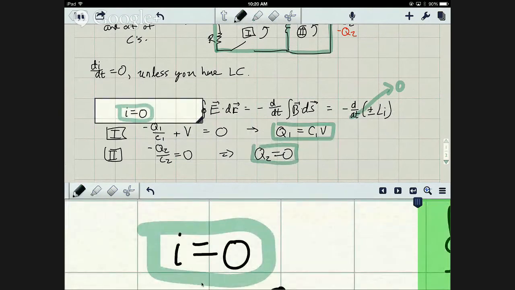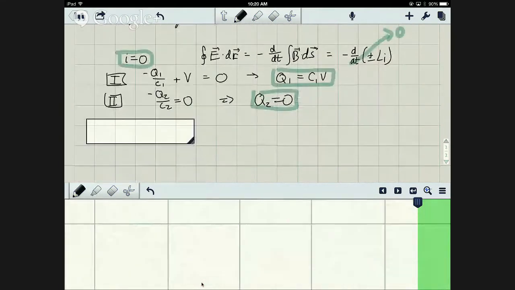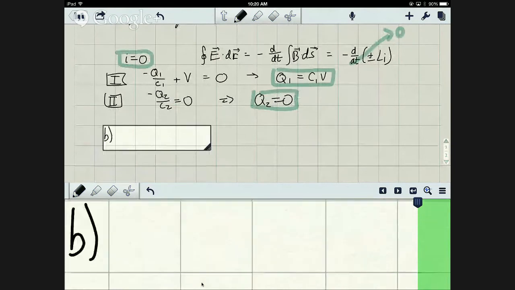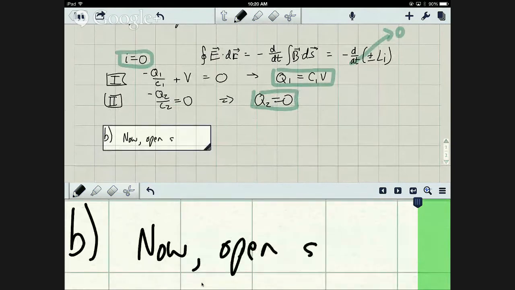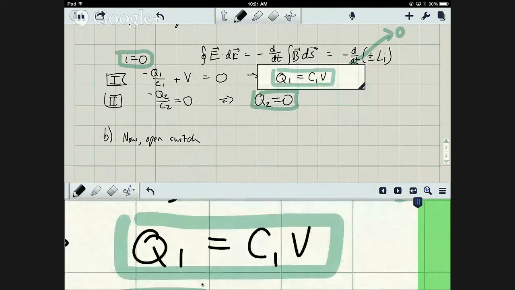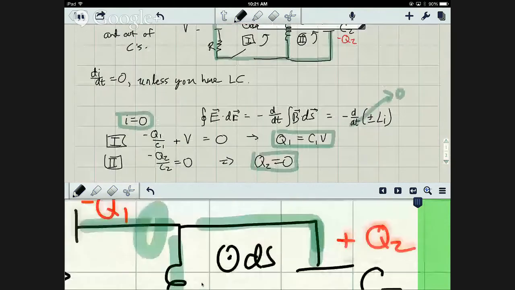Alrighty, and part B of this problem says, let's say the switch is opened again. So let's write B, and then now open switch. So let's say we have this initial charge on this capacitor, and then we go up here and open this switch.